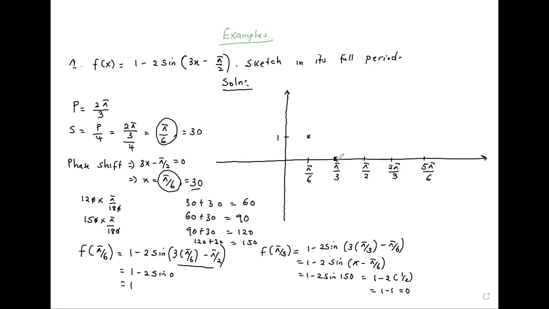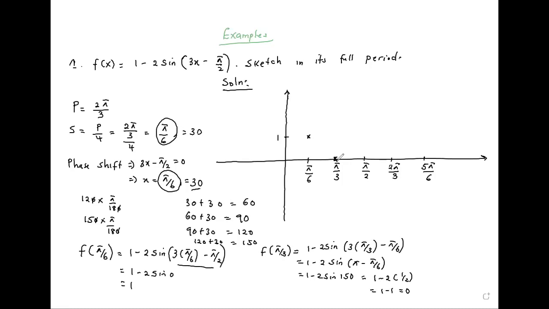Sir, repeat them. So pi minus pi over 6, that is 180 minus 30. 180 minus 30 is 150. The reference angle of 150 is 30. And so sine 30 is half.